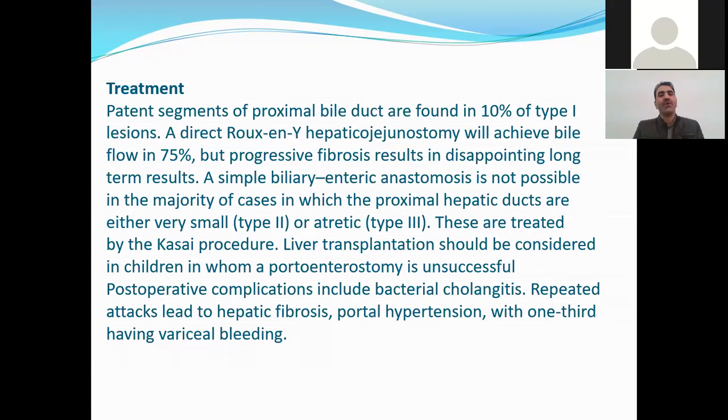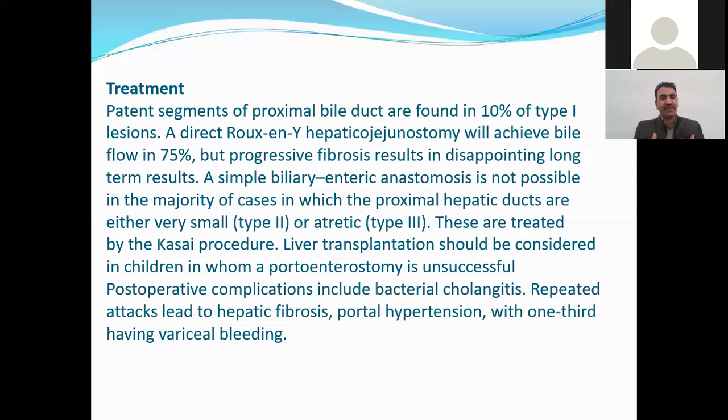This is called Roux-en-Y hepaticojejunostomy. We anastomose the hepatic duct, the bile duct, to the jejunum to bypass the atretic segment. It will achieve 75% flow of bile to the bowel.